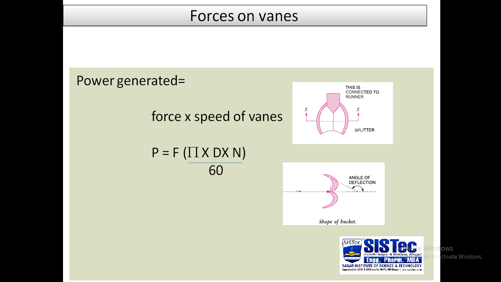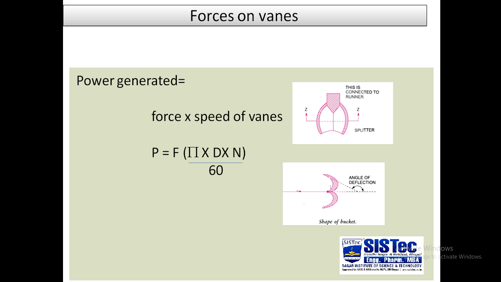So see here the power generated. If we are going to derive the expression for the power generation in a Pelton turbine, what is the meaning of power? From the definition, power is defined as the rate of work done.